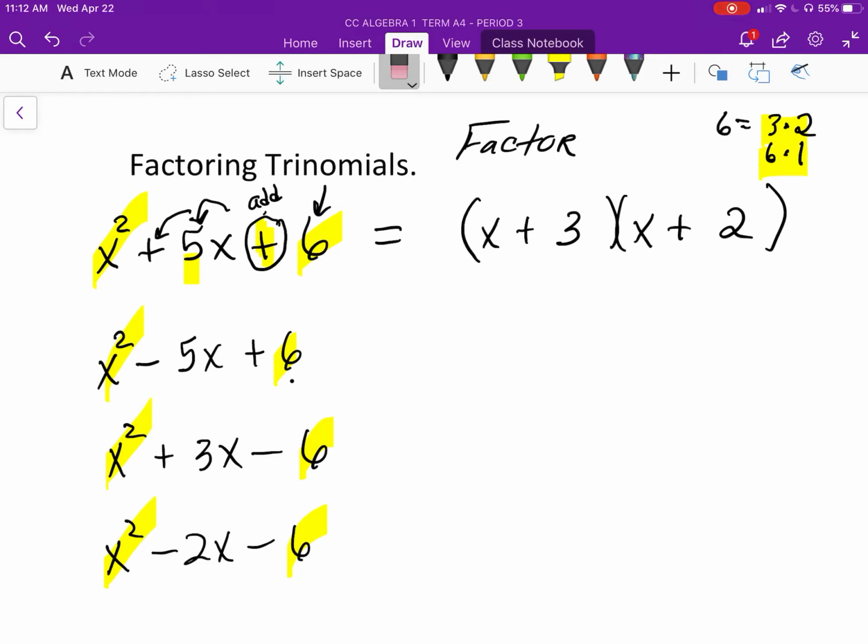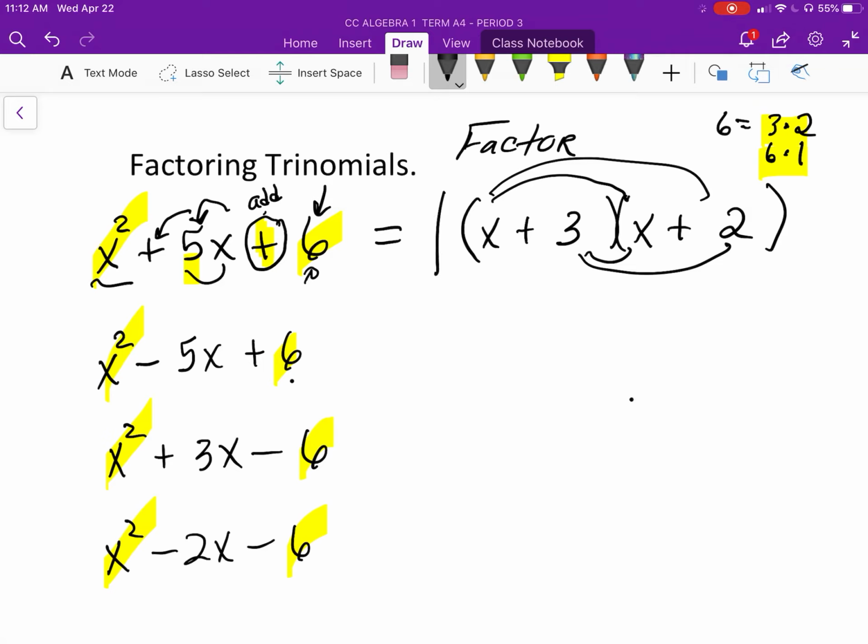I'm not going to do this for every one of these, but just remember x times x would give me this x squared. The 3x and the 2x would add up to 5x, and the 3 times 2 would give me 6. So that works. So this is our answer, x plus 3 times x plus 2. It has been written into what we call factors, which means they multiply together to give me the trinomial.